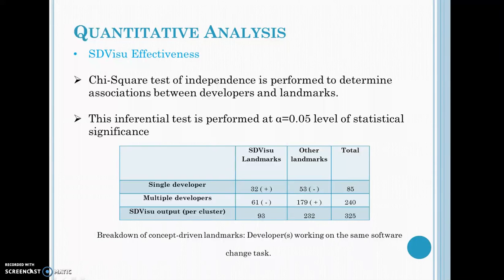In this table, positive and negative signs show positive and negative associations. It can be inferred that the landmarks identified by SDVisu support the single developer in a positive way, whereas the landmarks identified by other means can be of positive influence on different developers working on the same task. In this sense, the concept-driven landmarks are best recognized by methods other than our tool SDVisu.